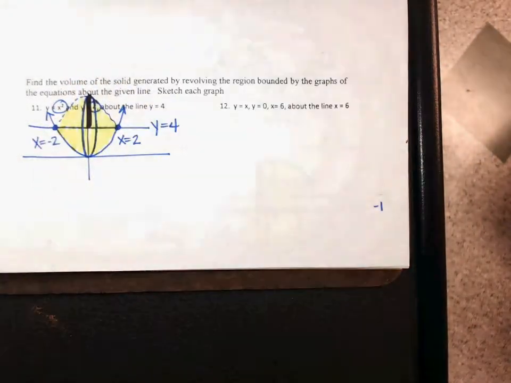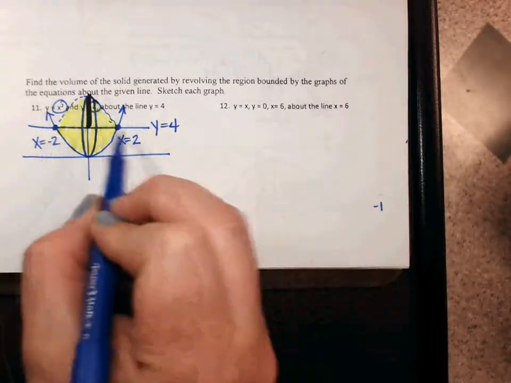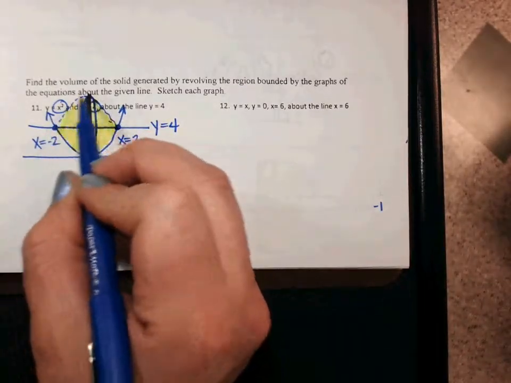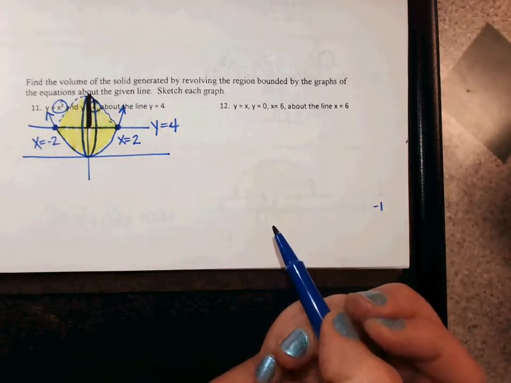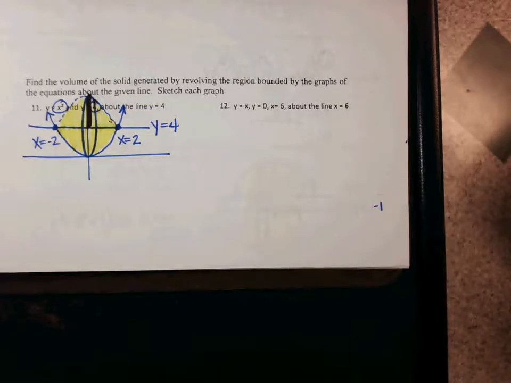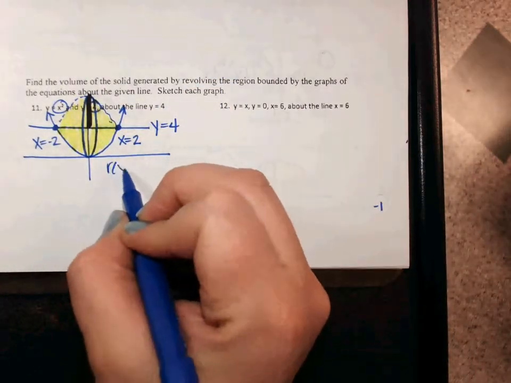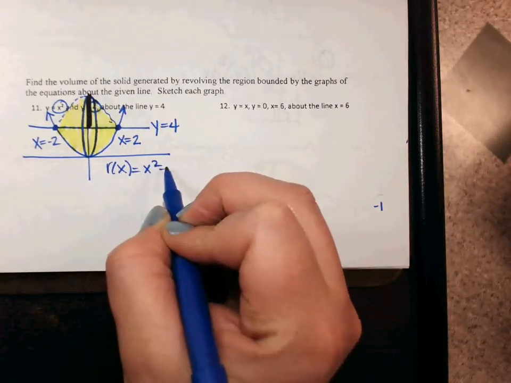What is the function that is on top of that radius? Is it the 4 or the x squared? Don't change any signs. Remember, it's only upside down because it's revolving. So what is this boundary, the curve or the line? Okay, so r of x is x squared minus 4.